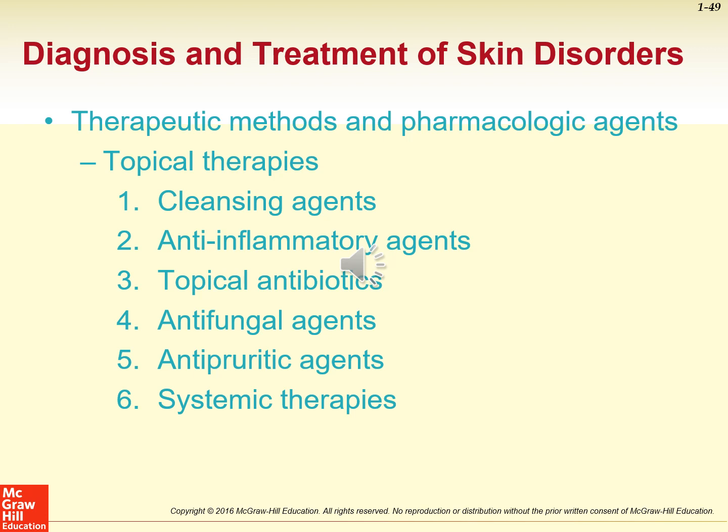Examples are hydrocortisone, triamcinolone, and betamethasone. Topical antibiotics are seldom indicated. Clindamycin and erythromycin are used to treat acne or impetigo. Over-the-counter antibiotics such as bacitracin and polymyxin can prevent infections in scrapes.